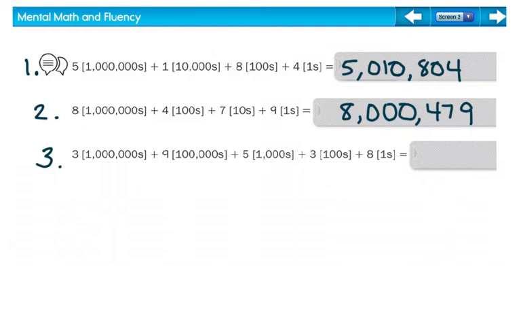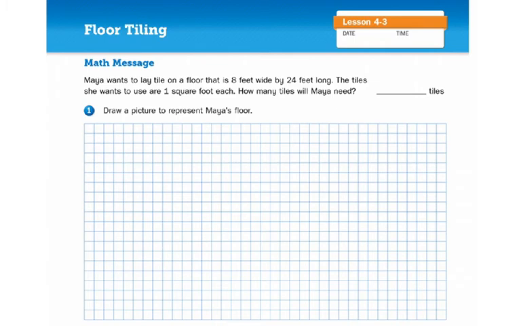And lastly, number 3, 3 in the millions, 9 in the 100,000s, nothing in the 10,000s, 5 in the thousands, 3 in the hundreds, nothing in the 10s, 8 in the ones, 3,905,308.